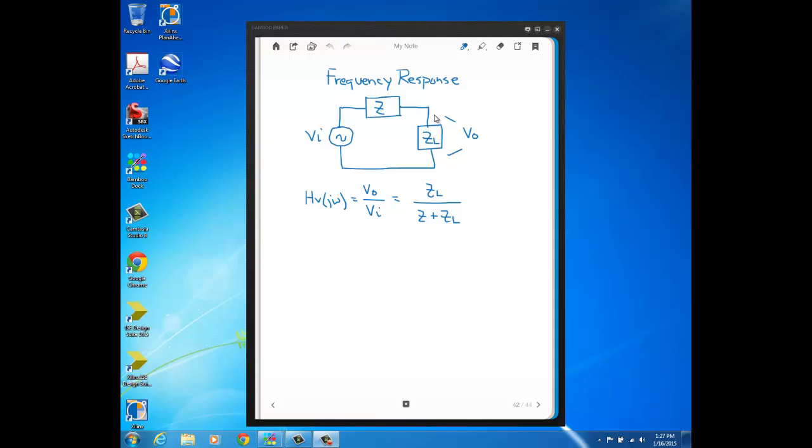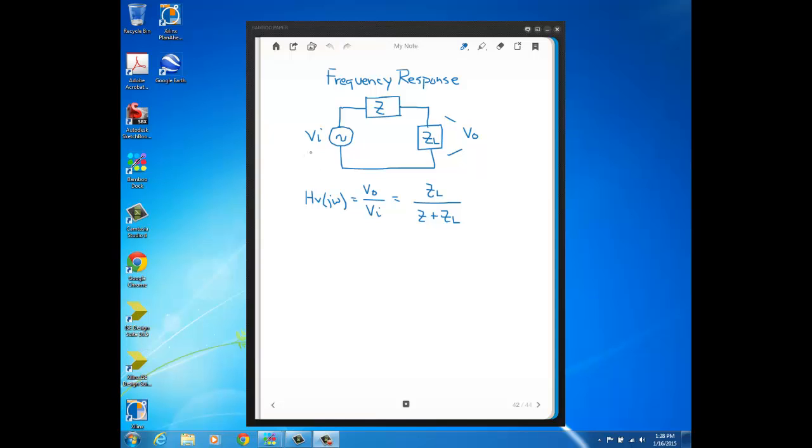This is our first lecture on frequency response, and frequency response has to do with looking at voltages and current in an AC circuit versus frequency instead of time. Up to this point, the voltages and currents that we've solved for have been with respect to time, but a lot of times it's necessary or advantageous to know how a voltage or current would change with frequency of a source.